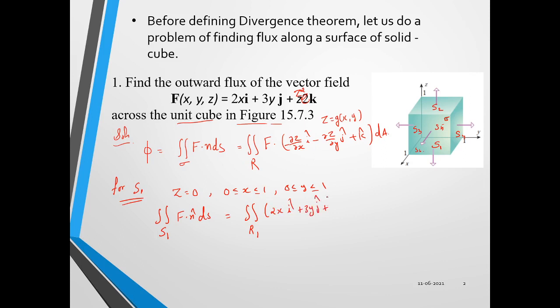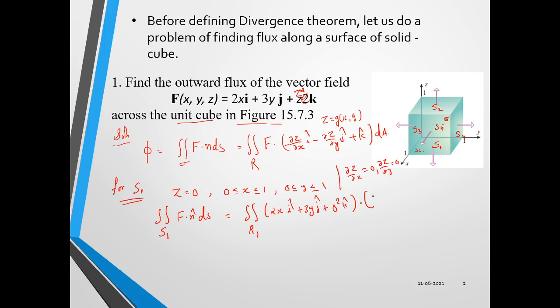What is z here? 0. So 0 k, dot. Now what is dou z by dou x? Z equal to 0, so 0. Dou z by dou y? Constant, 0.